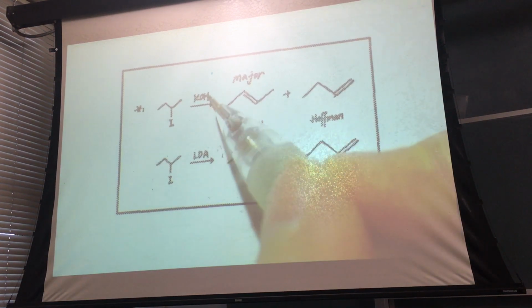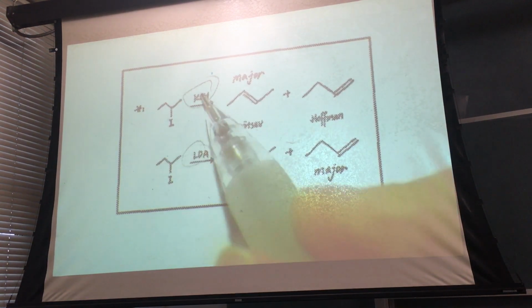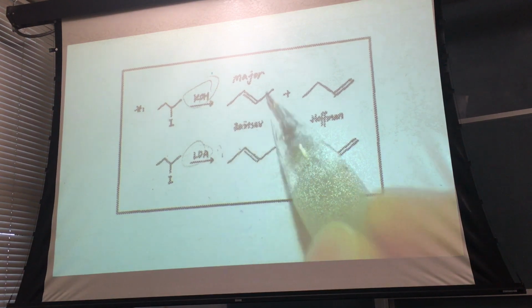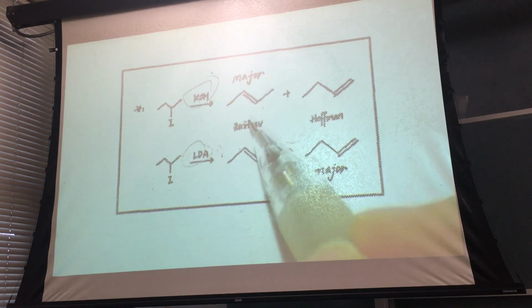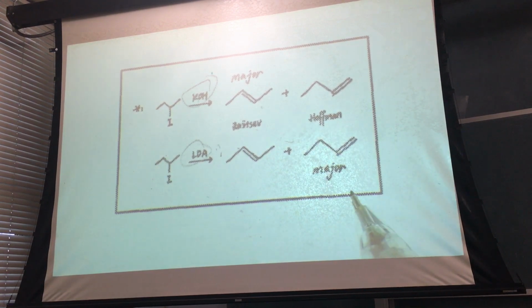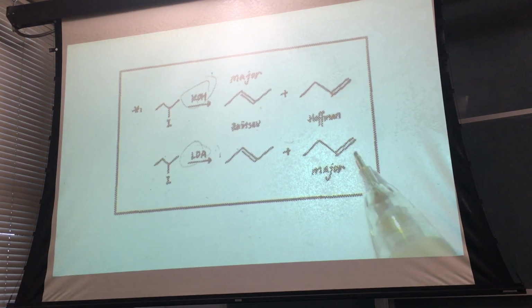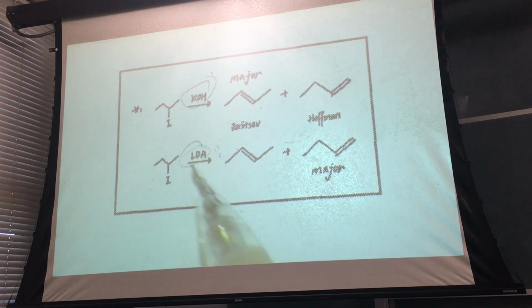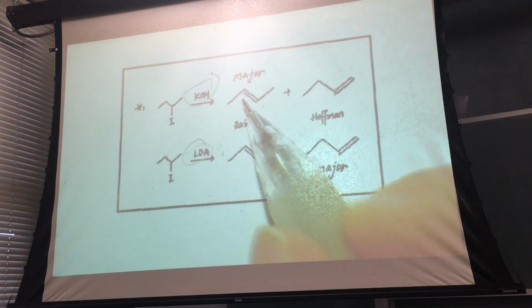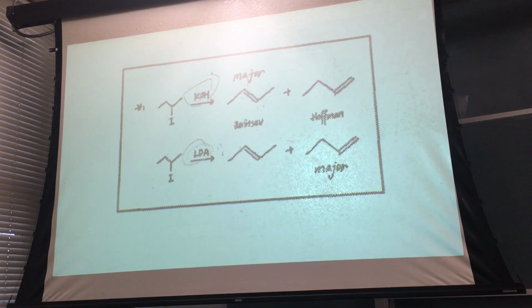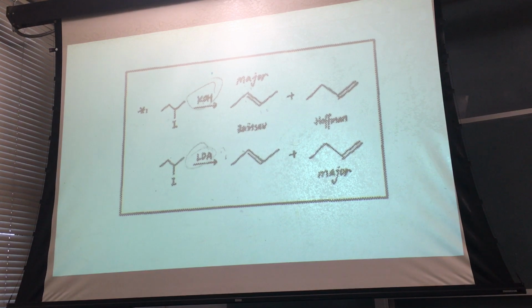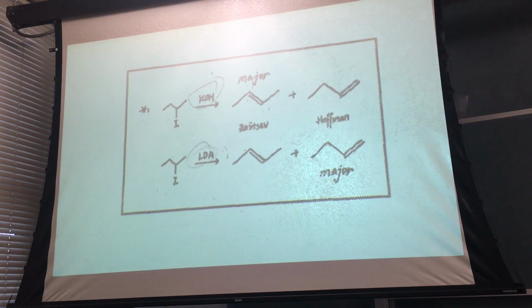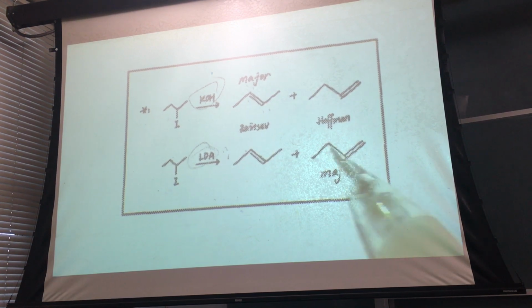So it depends on what base you have. If you have a small base, your major product is going to be the more substituted alkene. Otherwise, it's going to be the less substituted alkene. It's because if your base is large, it cannot go into the center carbon, then usually it will just grab the first hydrogen it can reach, and that hydrogen is usually on the side. So if you have the less substituted alkene, this one is only one substituted.